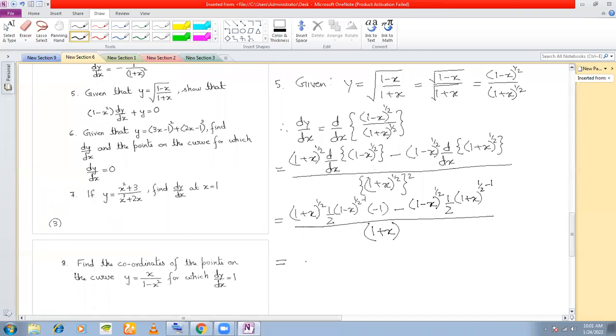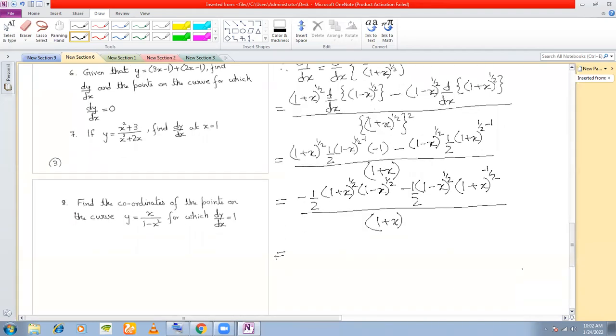So you get minus half into (1 plus x) to the power of half into (1 minus x) to the power of half, minus (1 minus x) to the power of half into, sorry, this is also a half here, and you have (1 plus x) to the power of minus half, all divided by 1 plus x.